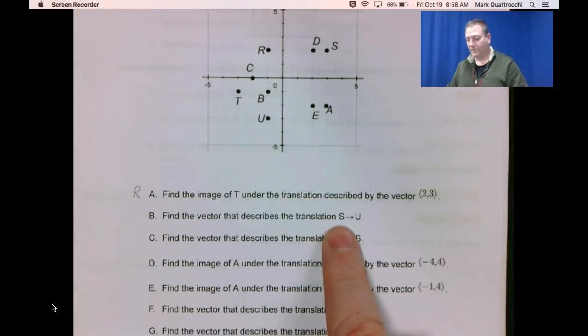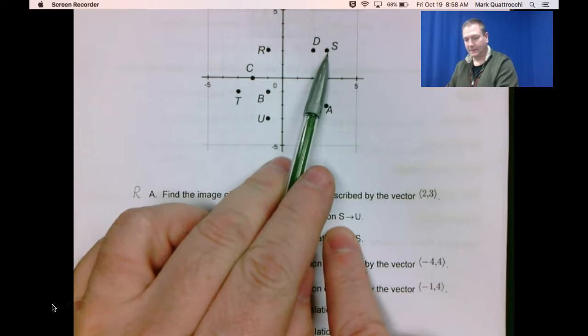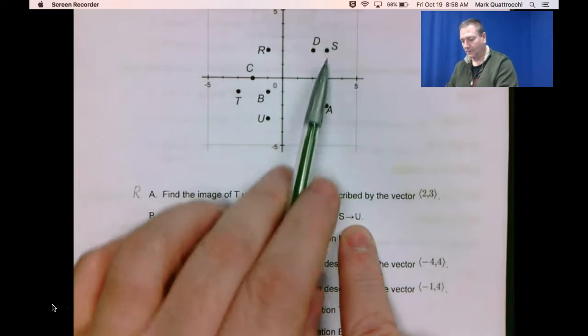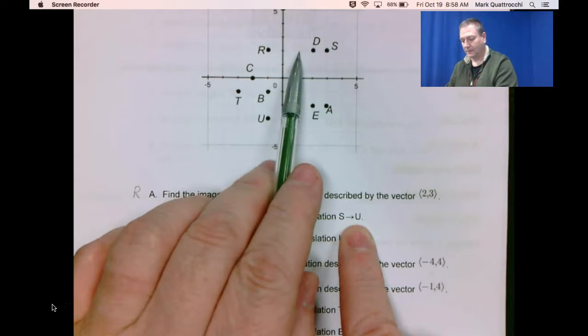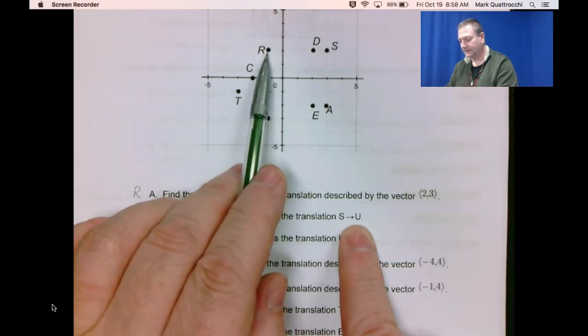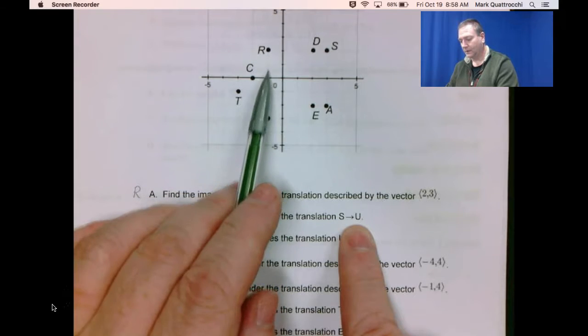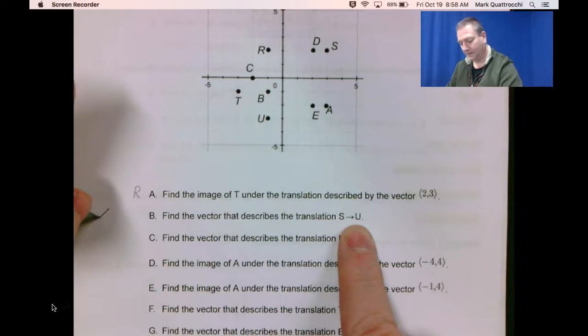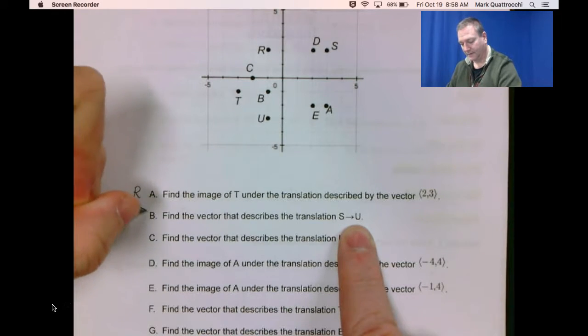All right, when we go from S to U, U is over here, we're going to go left 1, 2, 3, 4 spaces, and then we're going to go down 1, 2, 3, 4, 5 spaces. Left 4, down 5.